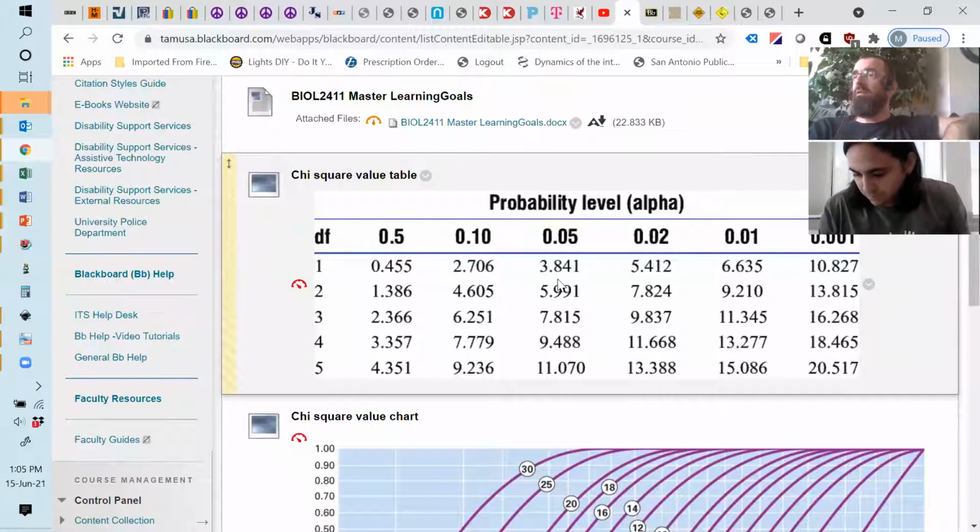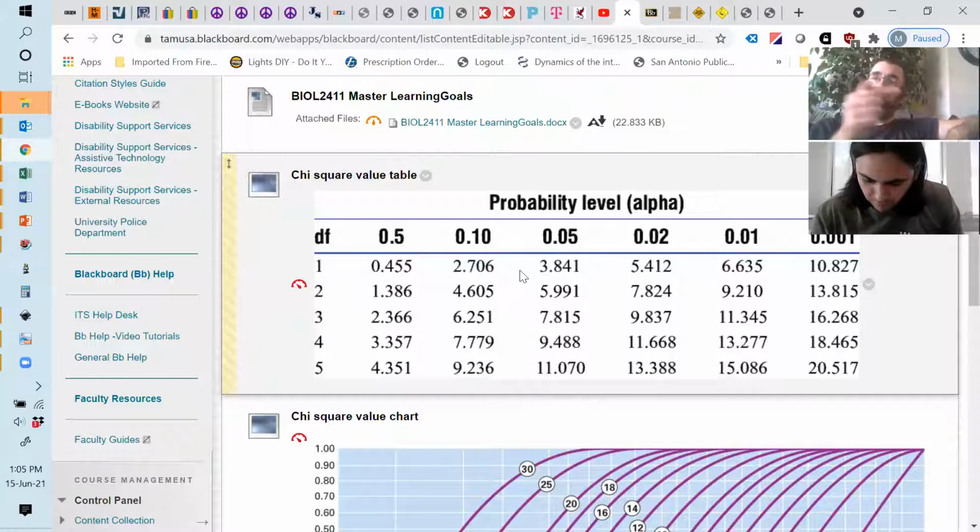And again, what you care about is whether your chi-squared value is higher or lower than the one in the 0.05 column. If the chi-squared value goes to the right, is higher than that number, then it's significant. If it goes to the left, or it's lower than that number, then it is not significant.